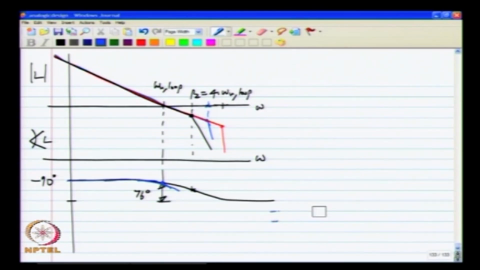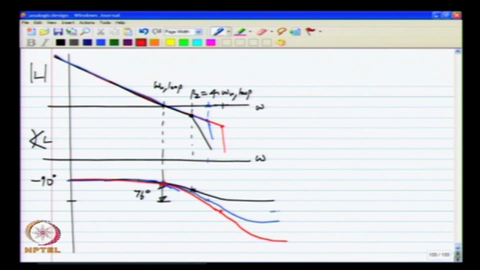So, let me draw it a little more accurately. At 4 times omega u loop, it should touch minus 180, and then it goes that way. And if you look at the red one, it will do the same here, and then it will do this, and it goes even further. Okay. So, the phase at very high frequencies is very different, but the phase when the loop gain crosses unity is the same for all of them, and we have seen that that corresponds to the same kind of step response.